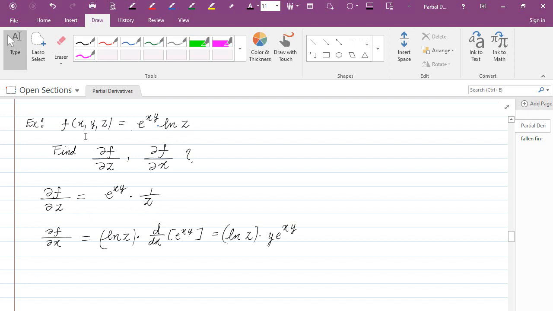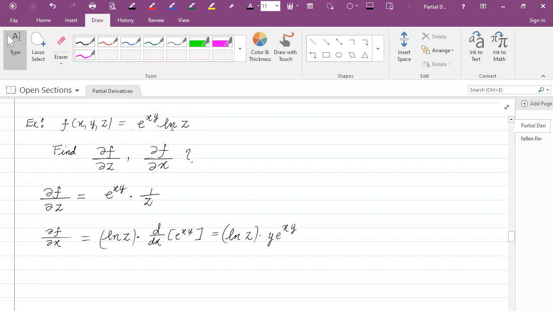Now, what's the partial derivative of f with respect to x? Well, with respect to x, we are going to assume that y is a fixed constant and z is a fixed constant. So if we assume z is a fixed constant, then ln of z would be a fixed constant. So y is a fixed constant, ln of z is a fixed constant now.